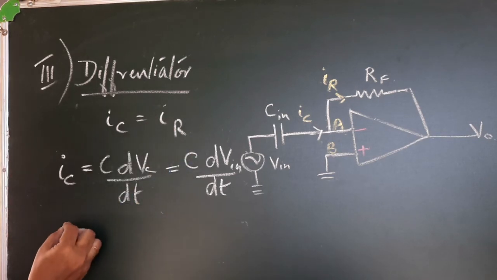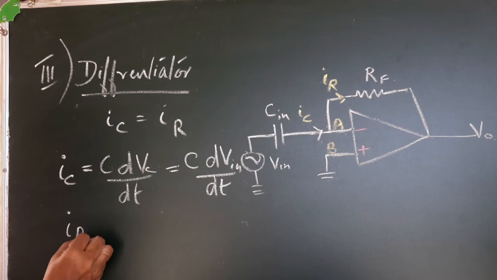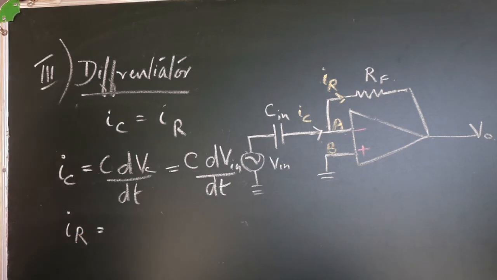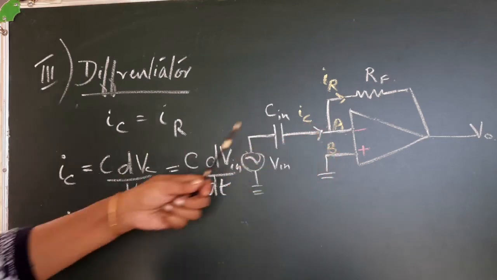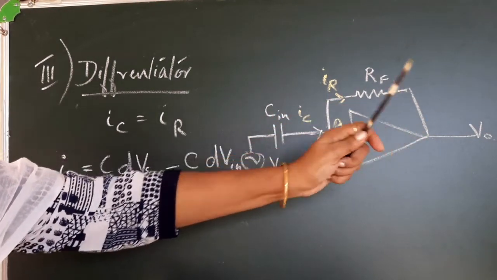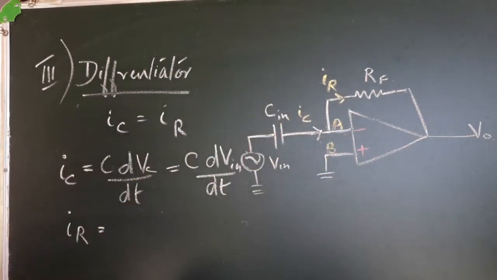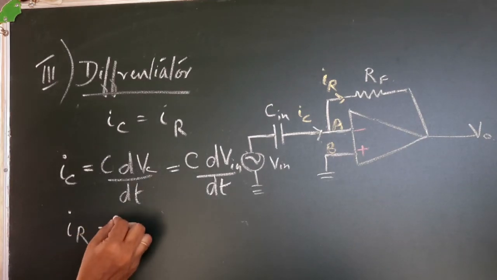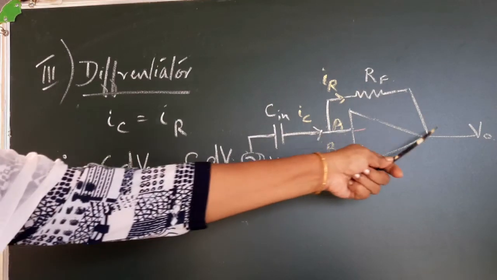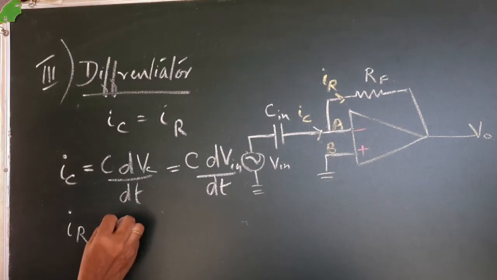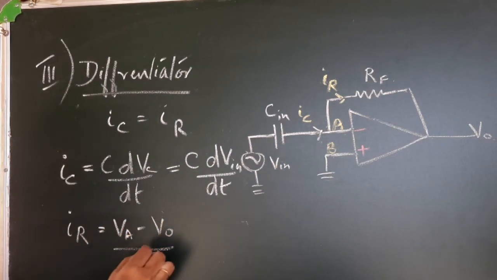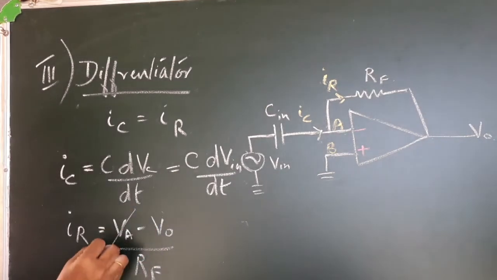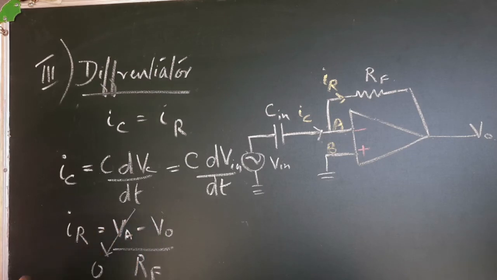So this is an expression for current through a capacitor in this case. Now let us evaluate what is IR, the current through the resistor R. IR is equal to VA minus Vout by RF. Current is voltage by resistance. But you know that VA is 0, virtual ground.